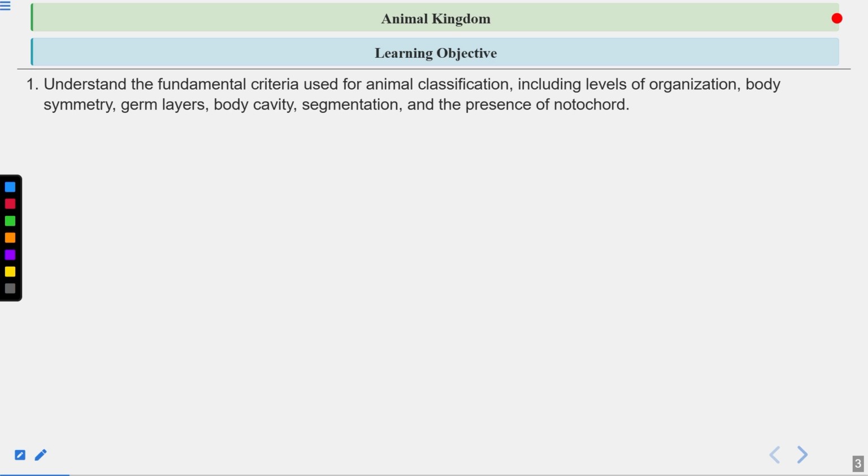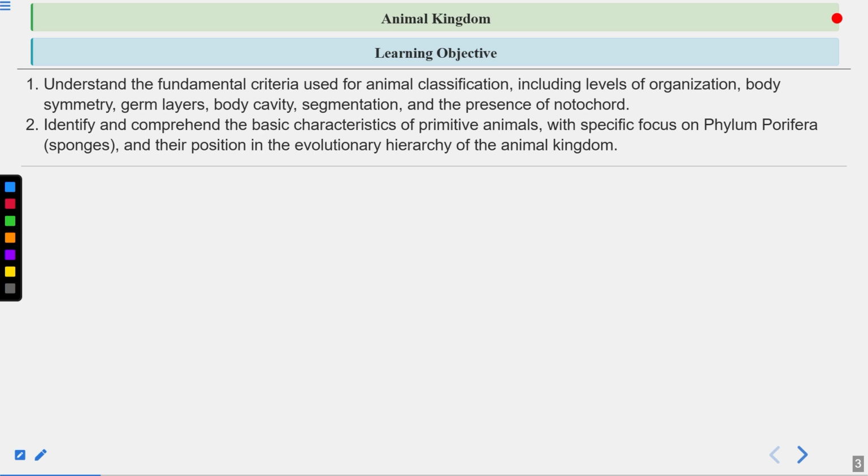These are the fundamental characteristics that we must know if we are studying the animal kingdom, because this becomes the basis of classification. Without knowing the level of organization of an animal, the body symmetry, germ layer, body cavity, right? All these fundamental characteristics are very, very important. So this was the first learning objective.